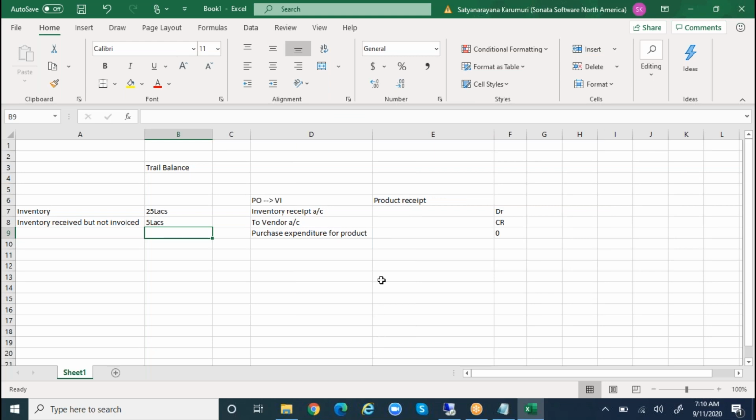So at the time of product receipt also, I want ledger accounts.